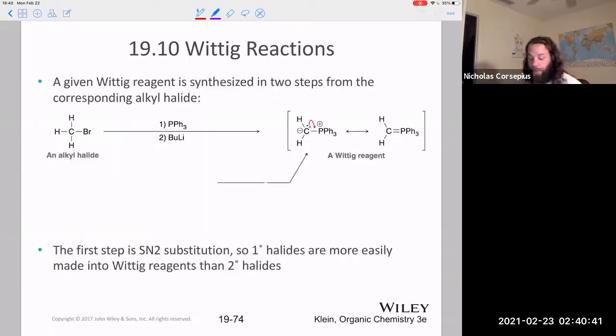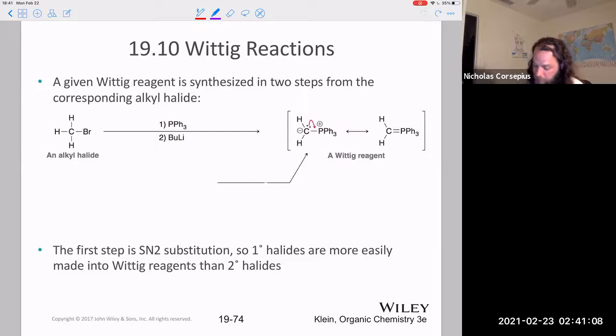Let's talk about how you prep your Wittig reagent. Okay, so first you put in phosphorus triphenyl, followed by butyl lithium, and we'll see exactly what that is in a second. Basically, it's about the strongest base that you could possibly have. And that's what gives you your Wittig reagent. Again, both resonance structures are drawn.